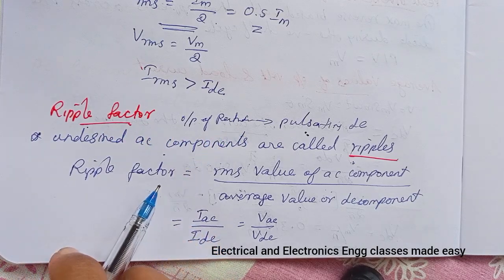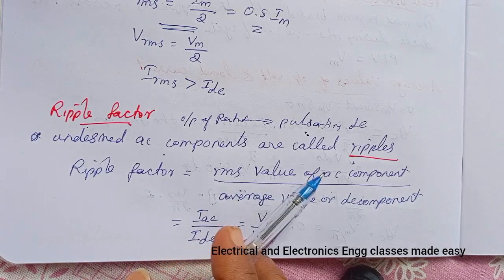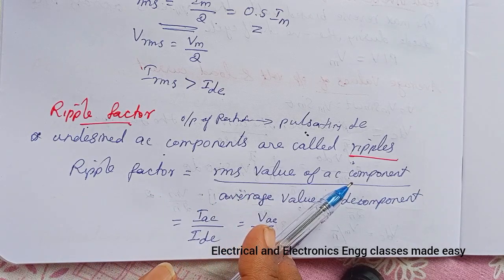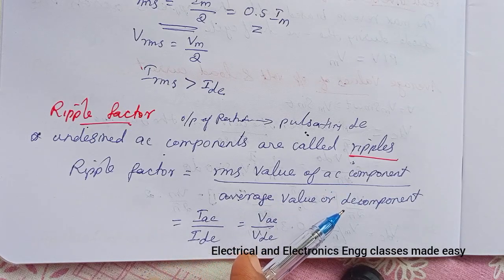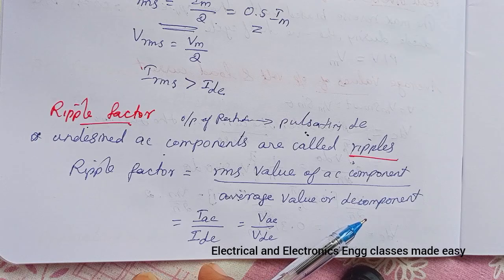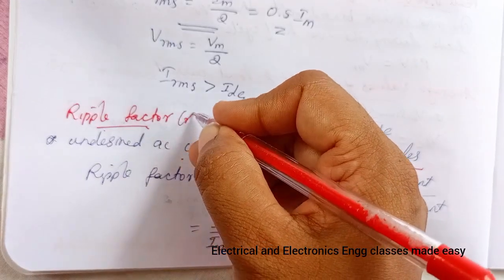And ripple factor is defined as the ratio of RMS value of the AC component of the load current or voltage to the average value or DC component of the load current or voltage. That is IAC divided by IDC or VAC divided by VDC. And the ripple factor is denoted by the letter gamma.